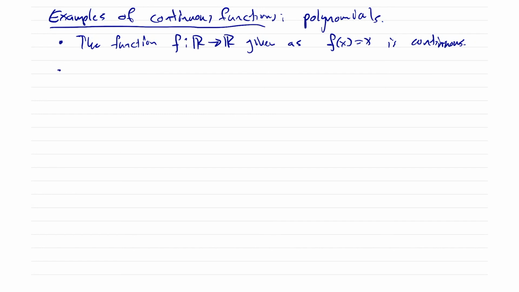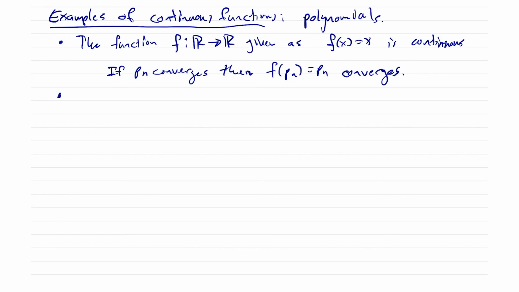So that's good. The reason why we know it's continuous is that if Pn converges, then f of Pn, which is equal to Pn, converges. All right, pretty easy.